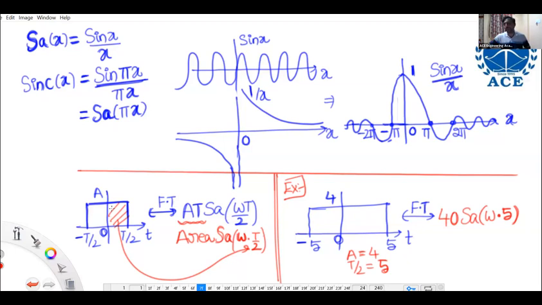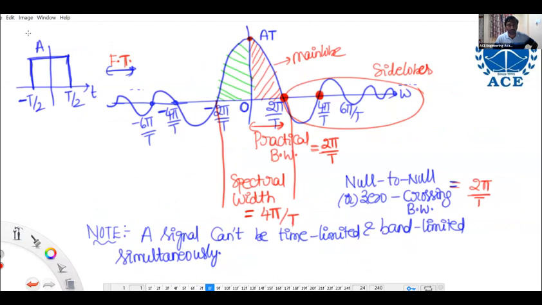First you habituate theoretically: a rectangle in time corresponds to which function in frequency? Sa function or sinc function? You want a mathematical explanation? This rectangle is covered for what length? Just T units, but its spectrum goes up to an infinite range.